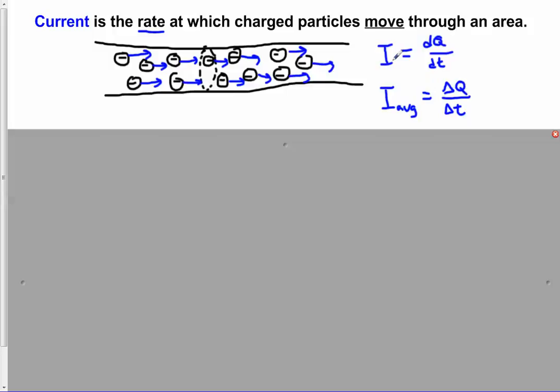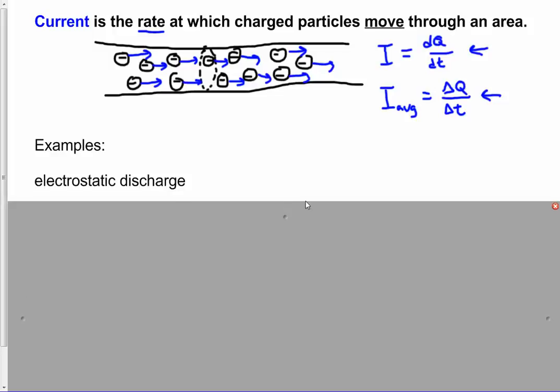So either one of these. This is the official instantaneous definition of current. This is the sort of over a period of time, what is the average current. So that's your official definition. Now in most cases there won't be any difference between these two, because it'll be a constant current in a lot of our applications.